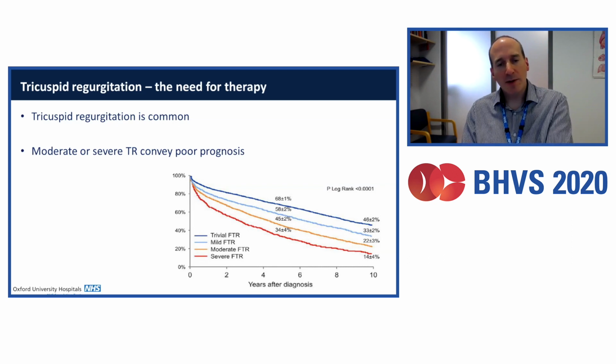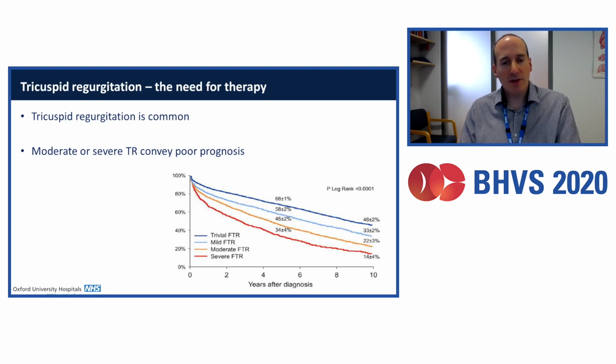And there are a lot of patients out there, of course, who maybe had mitral interventions, principally surgical, in the previous decade, where the tricuspid disease was left in the hope that it would resolve or recover. But actually, if you leave these patients with moderate or severe tricuspid regurgitation, their short, medium and long-term outlook is significantly worse compared to mild TR.